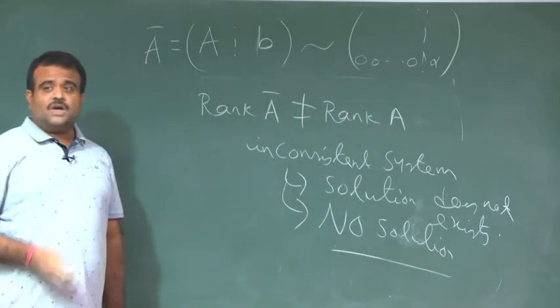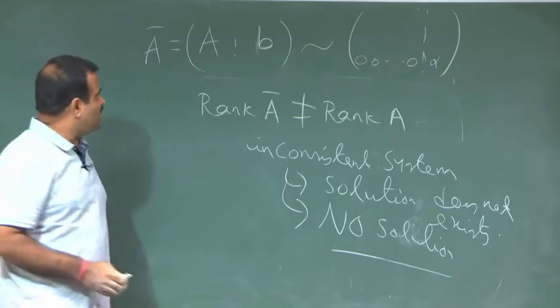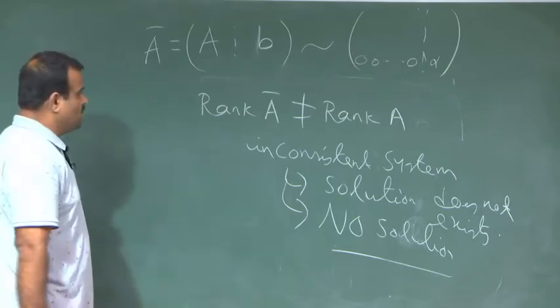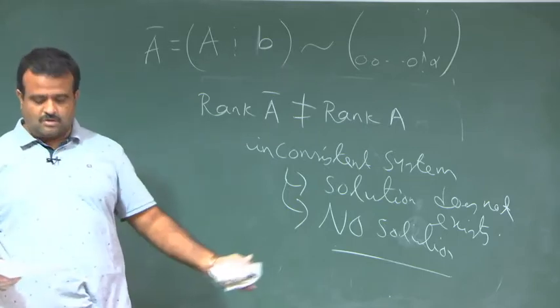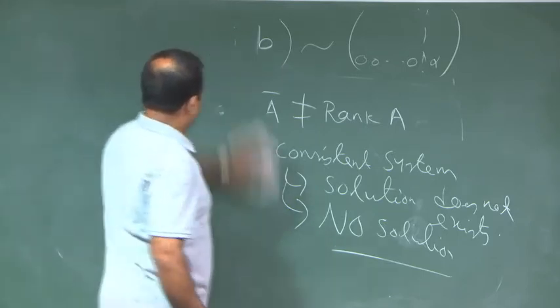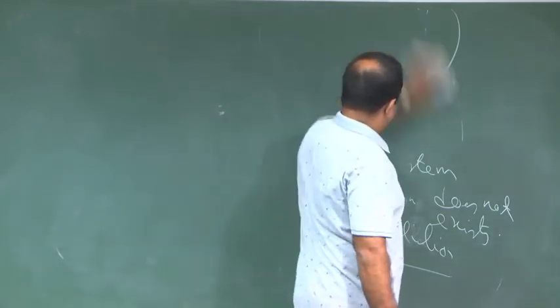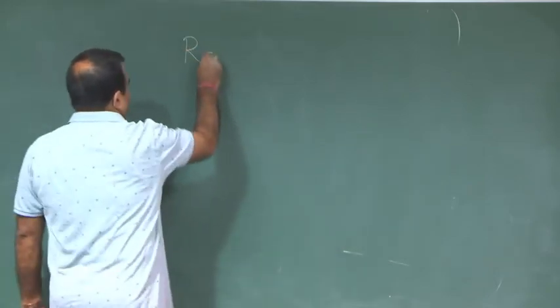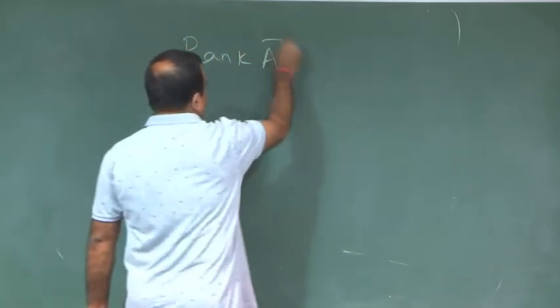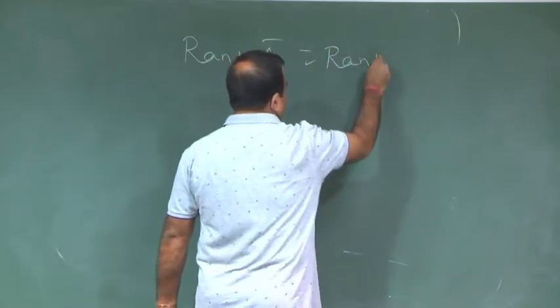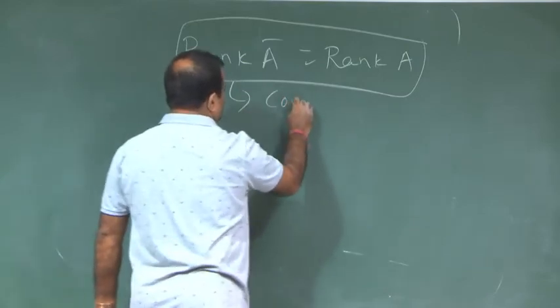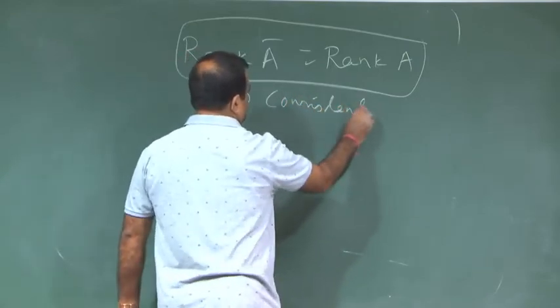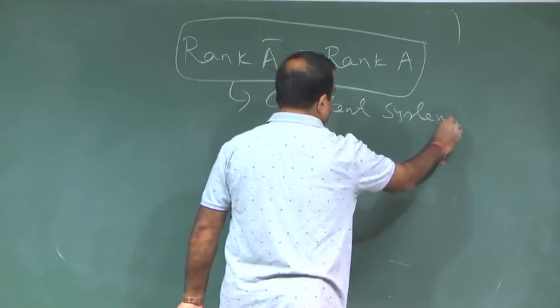So, to have a solution, we need this condition: the rank of the matrix should be the same as the rank of the augmented matrix. Then we have a solution. Now, the question is whether the solution is unique or not; that we will discuss. If the rank of A bar is the same as the rank of A, then the system has a solution, and it is called a consistent system of linear equations.